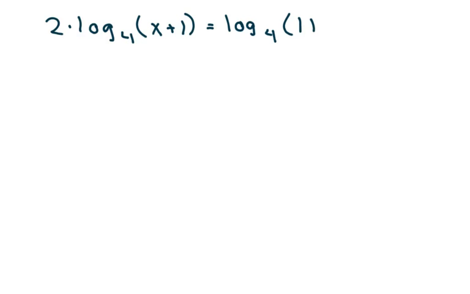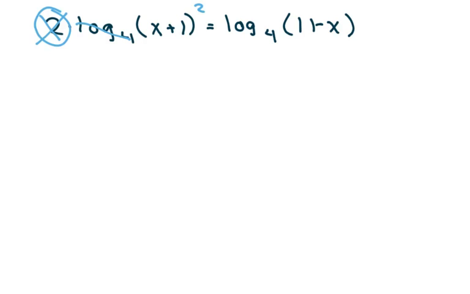Okay, we have another one. 2 times log base 4 of x plus 1 equals log base 4 of 11 minus x. This one only involves the power property, so I'm just going to move that 2 up.